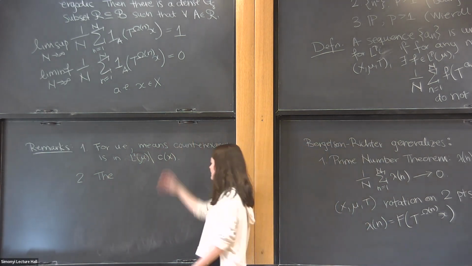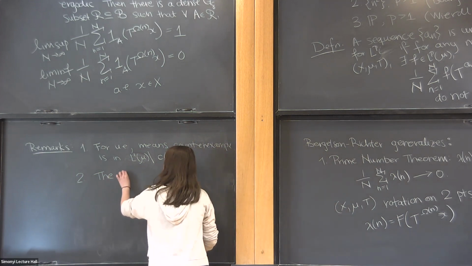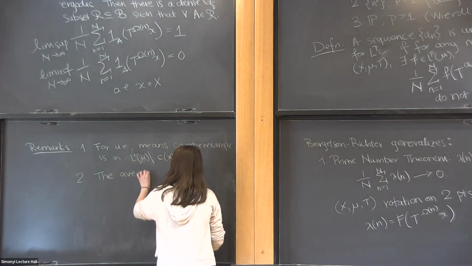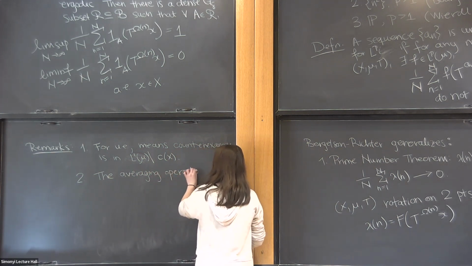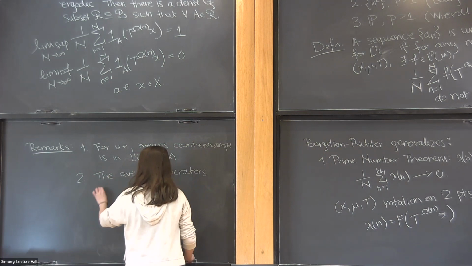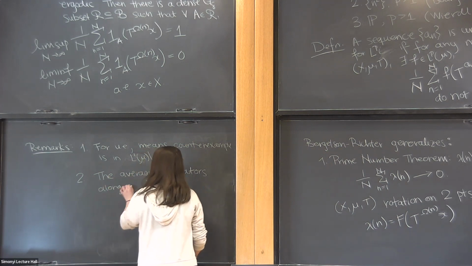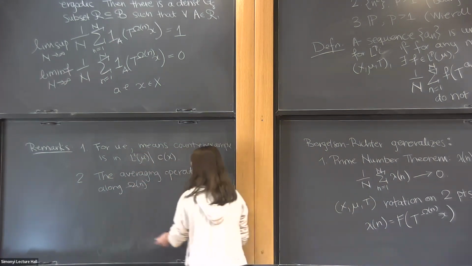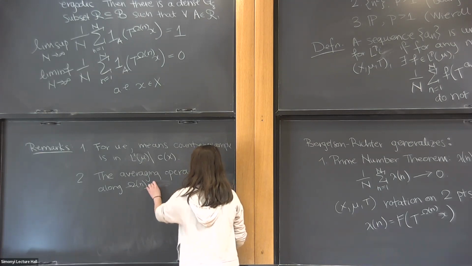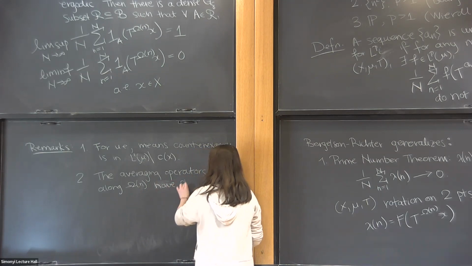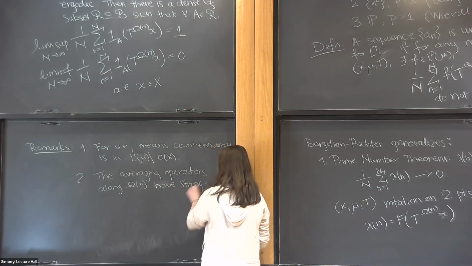And in this case, the averaging operators along omega n are said to have the strong sweeping out property.